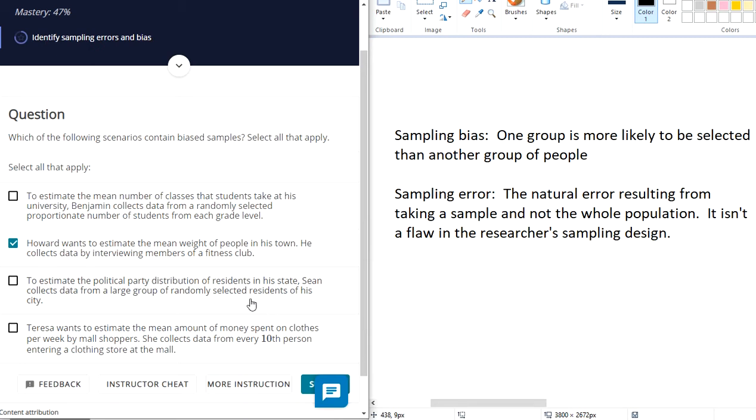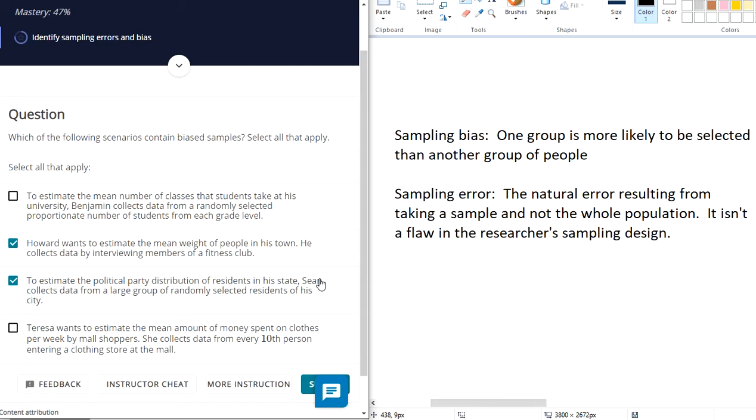His city might be closely aligned with Party A. That doesn't necessarily reflect the state, so that introduces a sampling bias there too. You can't just collect data from your city and expect it to apply to the entire state. If you want to learn something about the state, you've got to sample everyone from the state, or else you have a sampling bias towards whatever political affiliation of that city is.